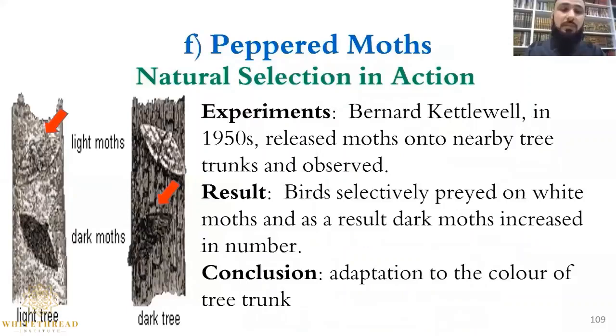The experiment was done by Bernard Kettlewell in the 1950s, and he released some moths onto nearby tree trunks and started observing what happens with them. The result he found was that birds selectively preyed on white moths, and as a result, dark moths increased in number, which I just explained to you. So his conclusion was that this is adaptation to the color of the tree trunk.